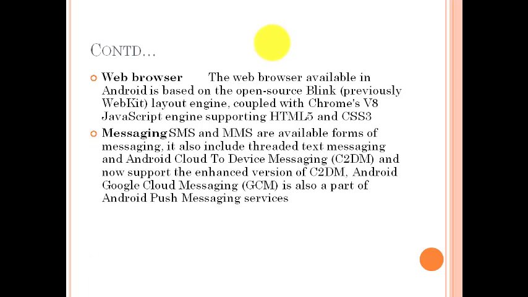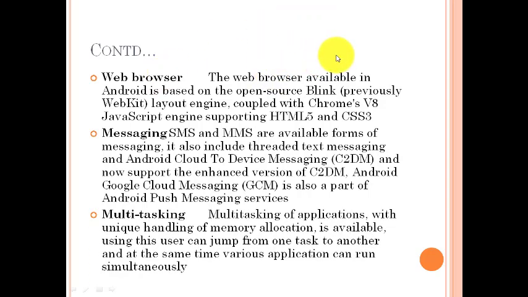Messaging. In Android, SMS and MMS are available forms of messaging. It includes threaded text messaging and Android Cloud to Device Messaging. This feature allows Android to send textual as well as multimedia messages between the sender and the receiver. Multitasking. As we all know, in Android it is also possible to run multiple tasks at the same time.